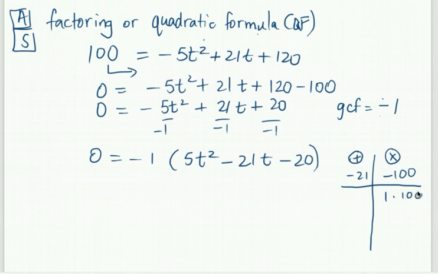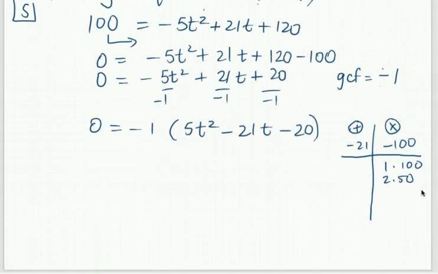Okay, 1 and 100, no, that won't make 21. 2 and 50, okay, no. 4 and 25, nope. 5 and 20, nope. Okay, oh, sorry, hold on. 4 and 25, yes. Okay, so I could tweak, let's see here. I need to get a -100, and I need a -21, so I need to make the bigger number negative. Okay, so if I add these, I'll get to -21, and when I multiply them, I'll get to -100.